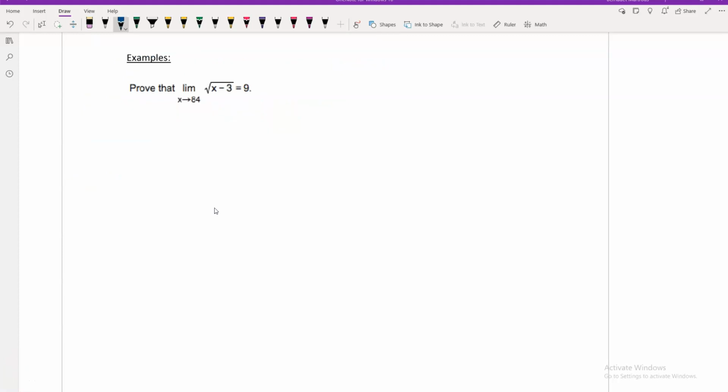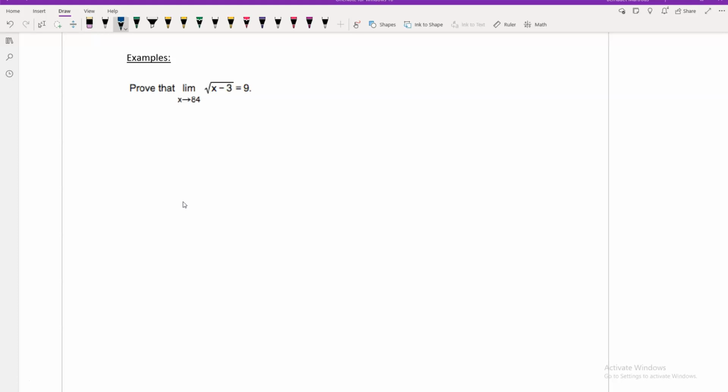Here we have to prove that limit of square root of x minus 3 as x approaches 84 is equal to 9. So to prove this part, we have to show that for all x, if absolute value of x minus 84 between 0 and delta, then absolute value of square root of x minus 3 minus 9 is less than epsilon.